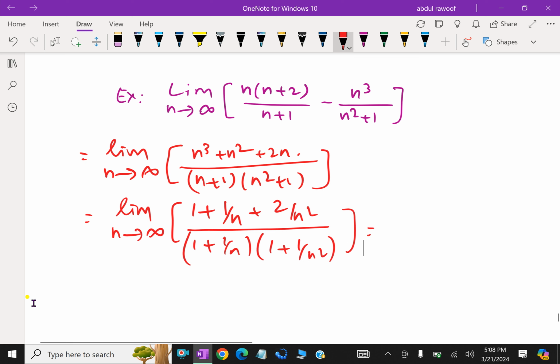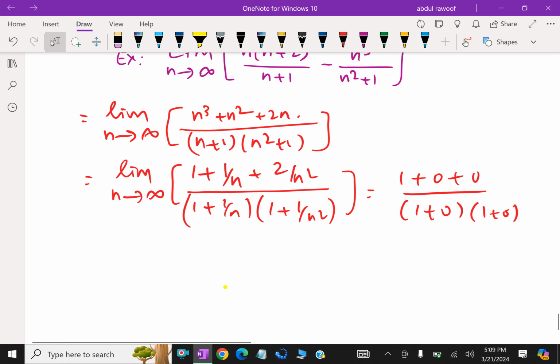If n is infinity, these terms become 0. Thus 1 plus 0 plus 0: 1 over infinity is 0, 2 over n square is also 0, here also 0, which becomes 1 plus 0 over 1 plus 0, therefore 1 over 1 equal to 1.